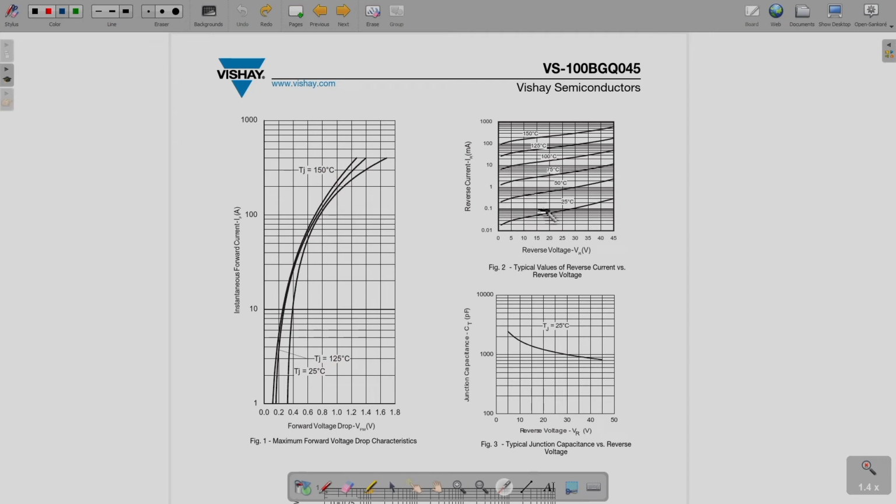Then this data sheet gives you this reverse current, that means basically your leakage current, that is given for different values of temperature, and how it changes as the reverse voltage you have applied is changing. Then how this junction capacitance is varying with respect to reverse voltage, it means the opposite voltage that you apply when the diode is reverse biased.